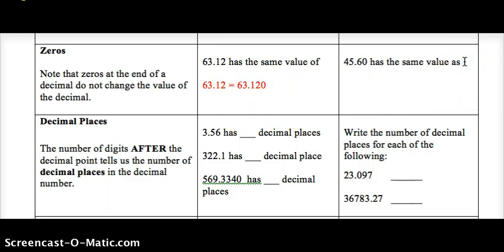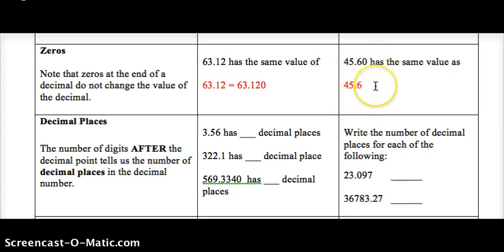So just looking over here at your turn, for example, 45.6 would be the same as, I'll just go to red, 45.60. Here, we've got 45 in the whole number part, the decimal point, 6 in the tenths column, and nothing in the hundredths column.